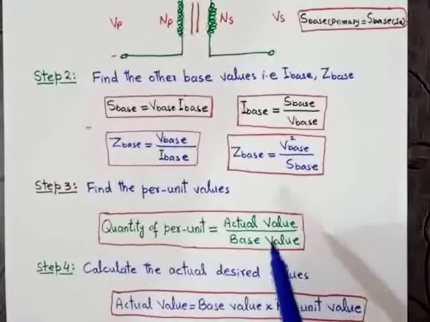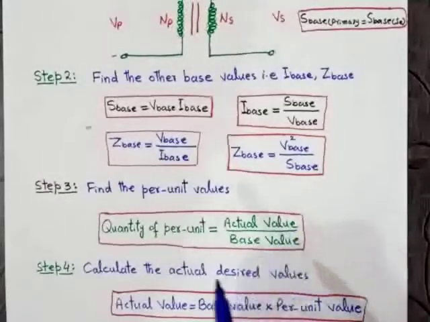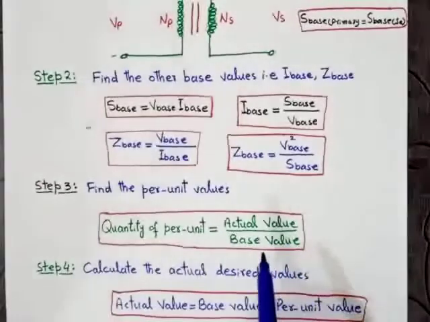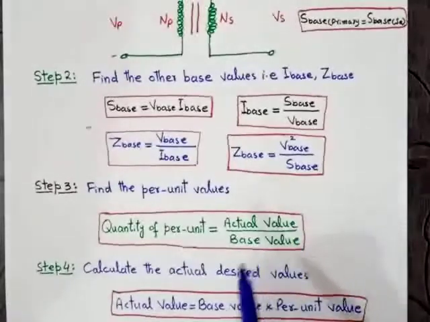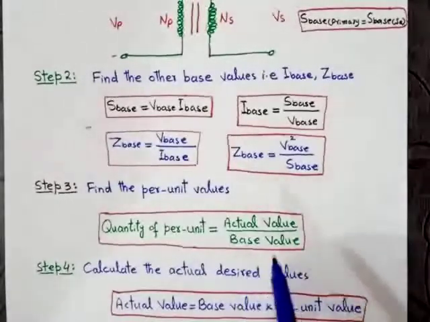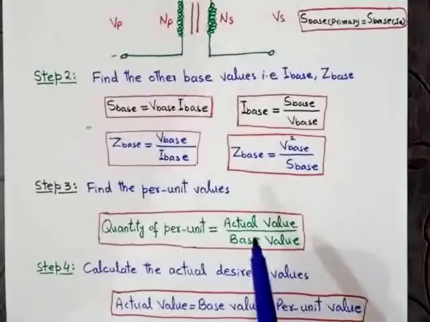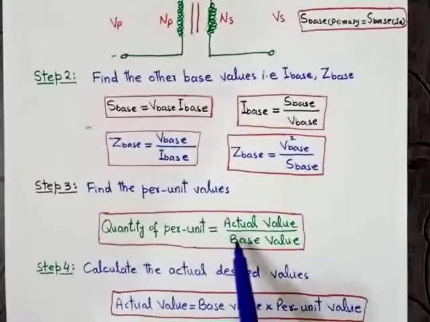If we are using the primary side of the transformer, then we will use the actual value on the primary side and the base value on the primary side as well. If we are using the secondary side voltage of the transformer, then we will use the base value of the secondary side voltage as well. So this is the condition to determine the per unit quantity of the given system.